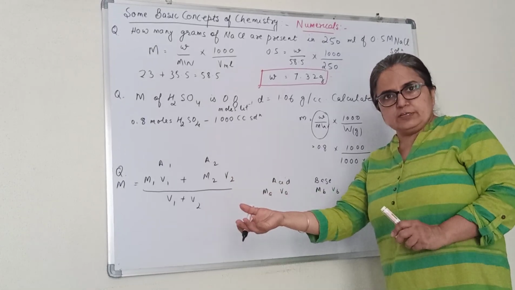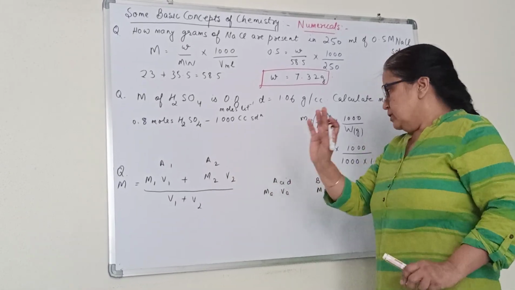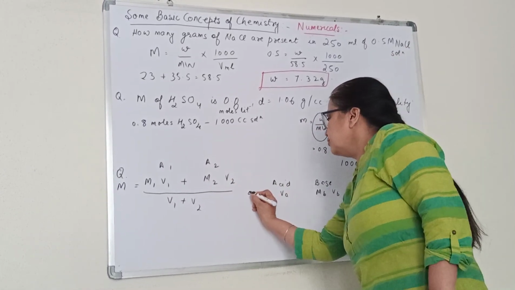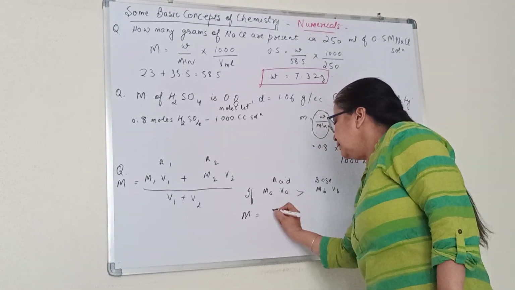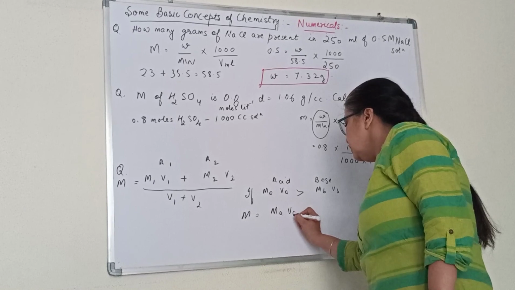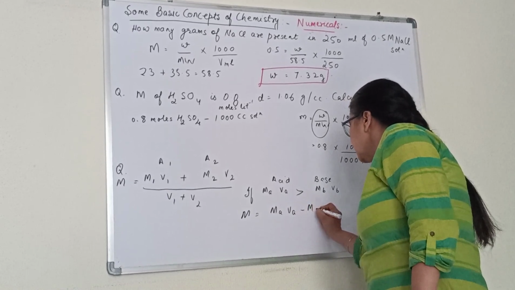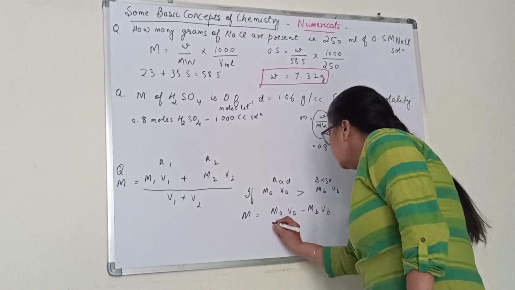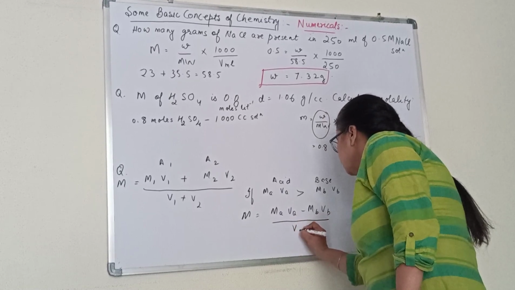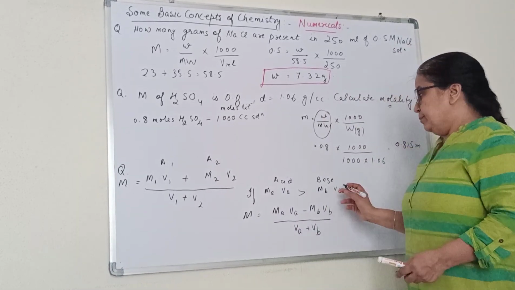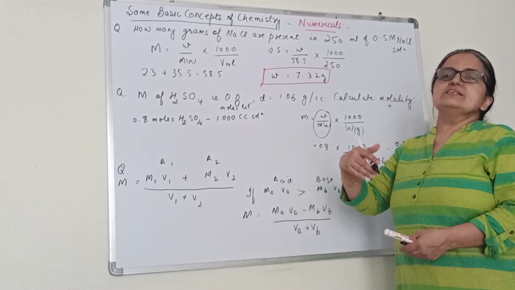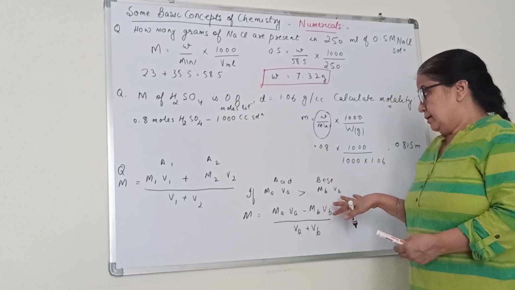If base product is more, base minus acid. So I am writing, if this is more, what will be the resultant molarity? MA VA minus MB VB divided by VA plus VB. If the base was more, we will write base minus the acid.